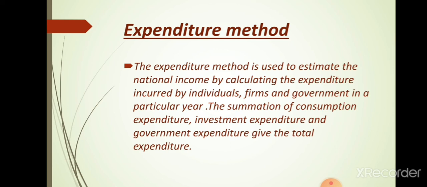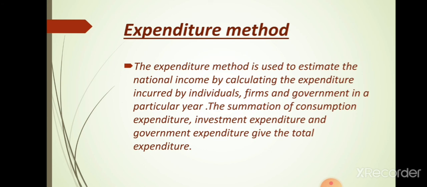The summation of the consumption expenditure, investment expenditure and government expenditure gives the total expenditure of a country. So this is the third method for finding the national income of a country.